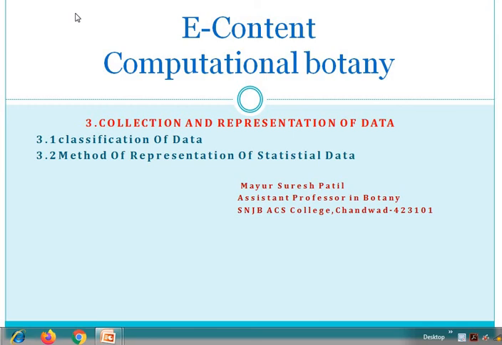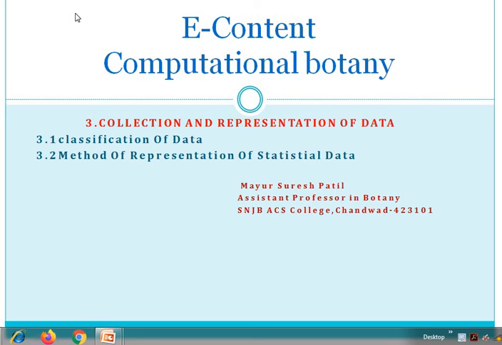Second is arrangement of the data. Third one is representation of data in the proper way. Fourth one is interpretation of the data. And fifth one is what? It is nothing but the inference or conclusion from whatever analysis you did. You have to infer from that analysis.